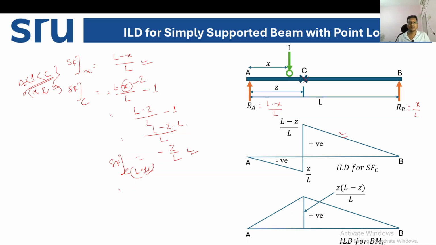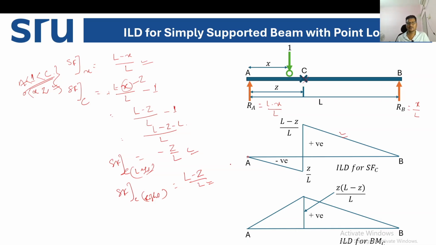Similarly, when we calculate the shear force at C right, it will be nothing but, when the unit load is at C, calculating on the left-hand side and right-hand side, L minus Z by L. That's why the shear force at C left is minus Z by L. So we have drawn the straight line.